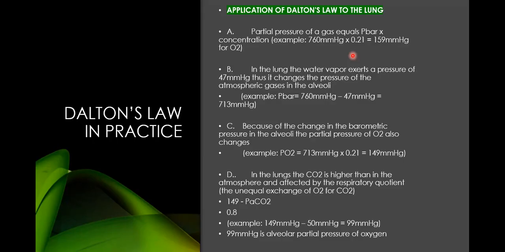So we take the 760 and subtract the water pressure away. That leaves us with 713. Now we can multiply the 713 by the oxygen that we just breathed in, which was 0.21. So 0.21 times 713 gives us 149, right?